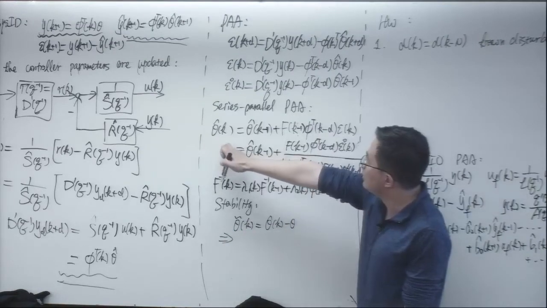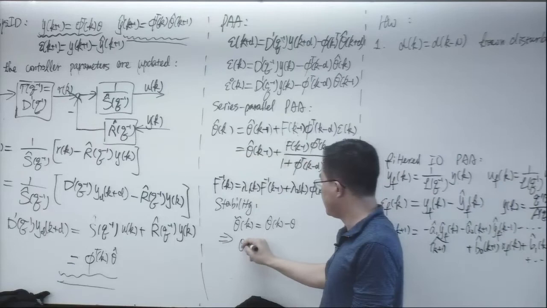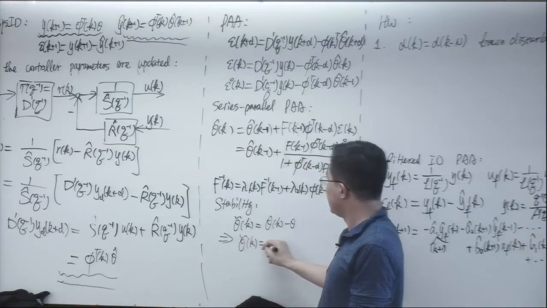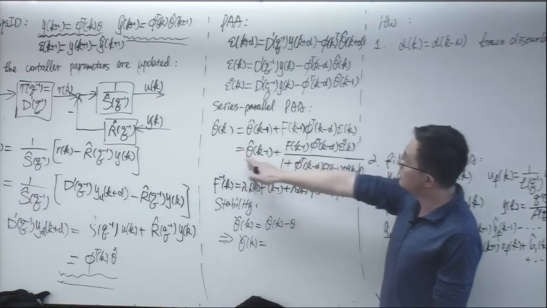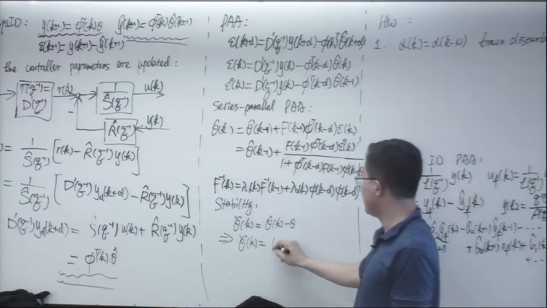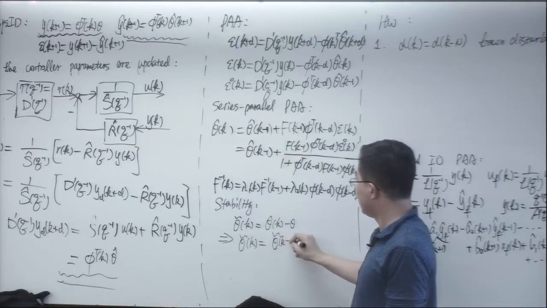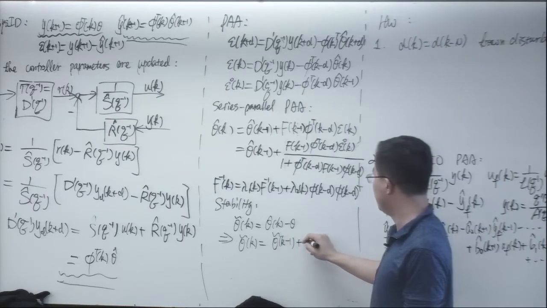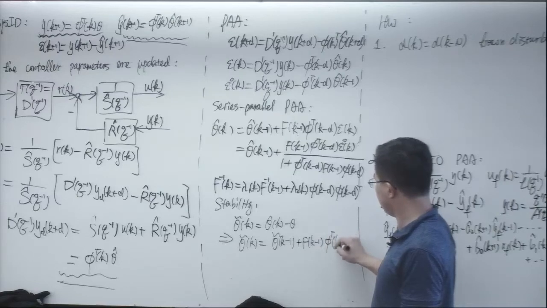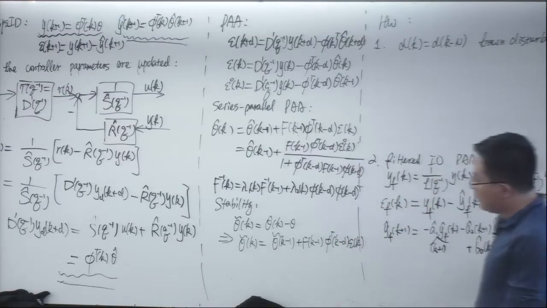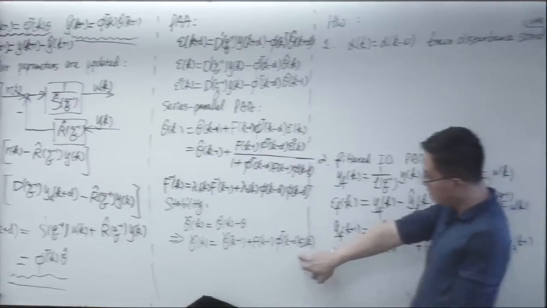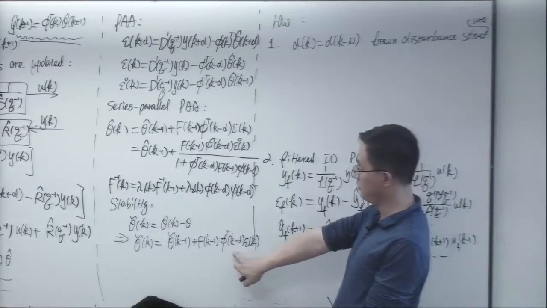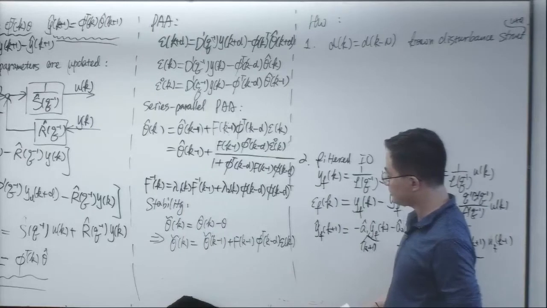Then from this equation, we just subtract theta from left and right hand side, and theta tilde k becomes theta tilde k minus 1, and then F. So for stability proof, we always use the a posteriori version of the adaptation equations.